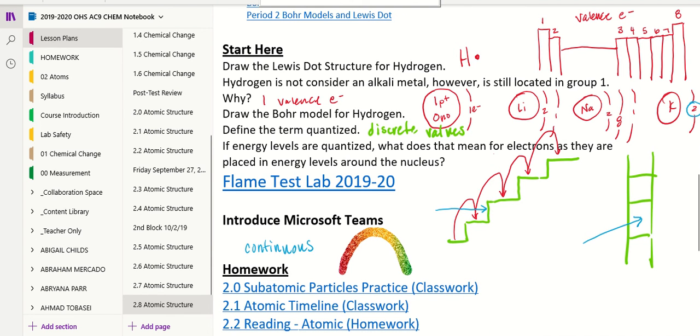If you look at a rainbow, how many colors are in between the start and the end of the rainbow? An infinite amount of shades of color. Because every point you make is going to be a slightly different shade. Okay? So, that covers a summary of how electrons fill in a quantized manner around your nucleus.